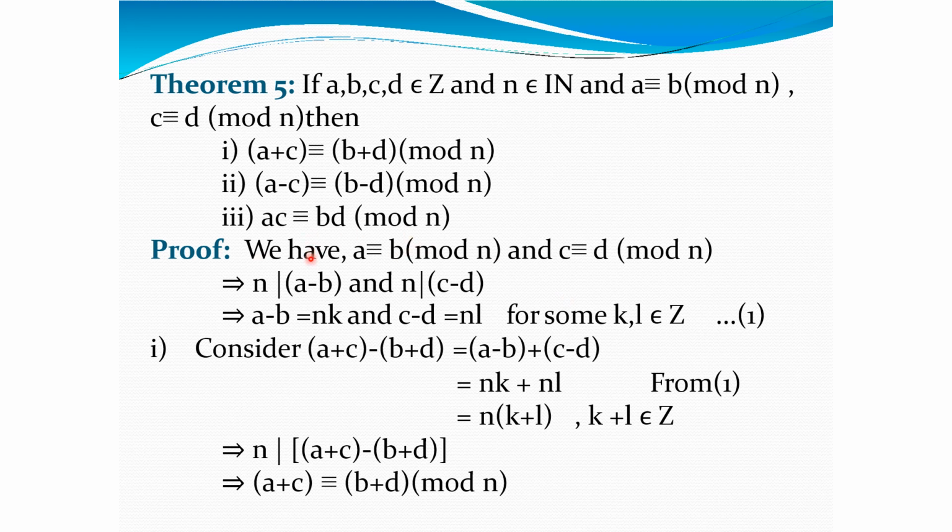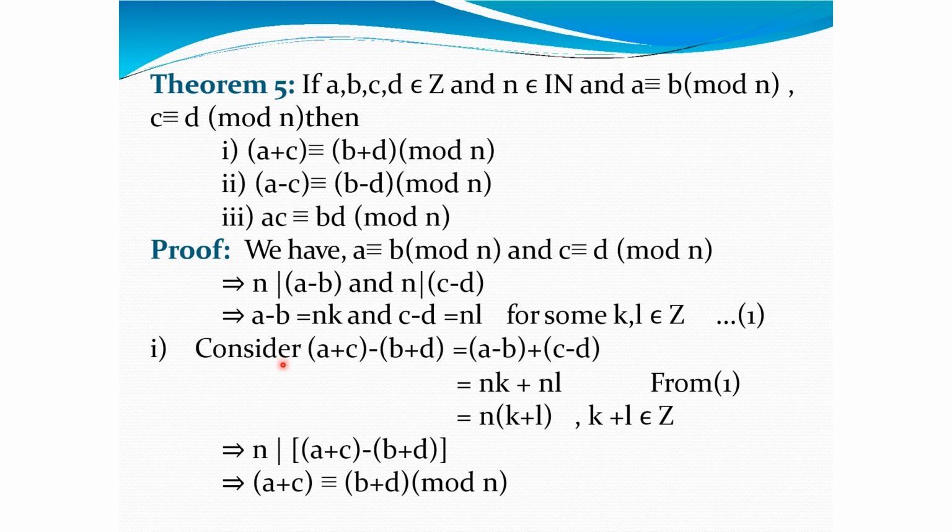Now, according to the given information, we can write n divides a minus b, and n divides c minus d. So, using the definition of divisibility, we get a minus b is nk and c minus d is equal to nl for some integers k and l. Now to prove the first part, we have to show n divides (a plus c) minus (b plus d). So start with a plus c minus, in bracket, b plus d.